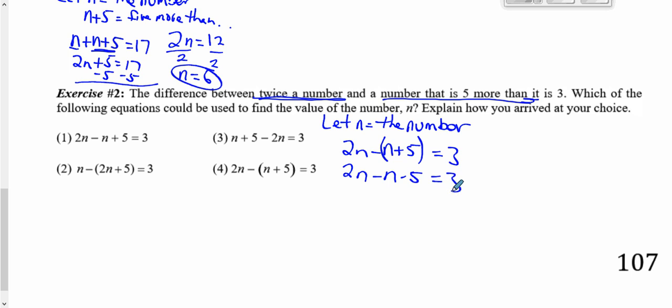So it could just be n minus 5 equals 3. Then you add 5 and you get n equals 8. Oh, but they didn't ask us to solve it. So then, their test, it is number 4, your parentheses thing. Choice 4, yeah.